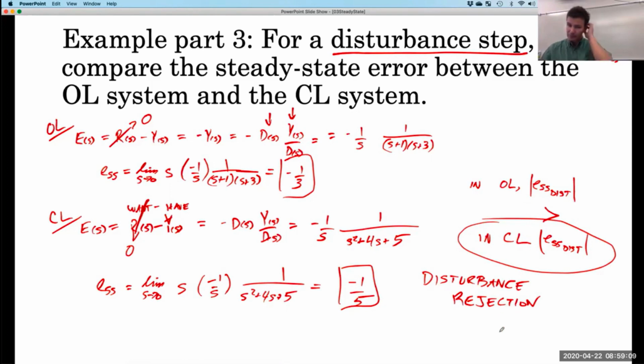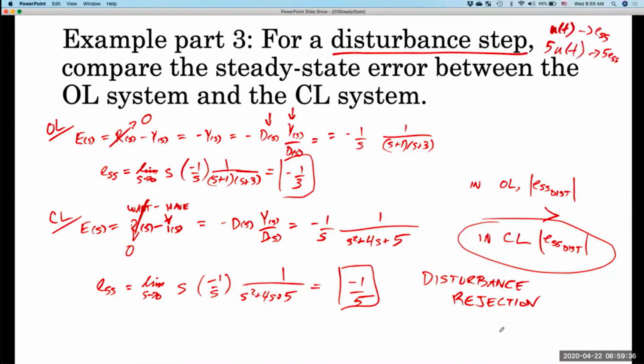Okay. And this result we got from this particular kind of toy example, but it's actually more true in general, that for a reasonably good closed loop controller, you will always get better disturbance error in a closed loop system than in an open loop system.